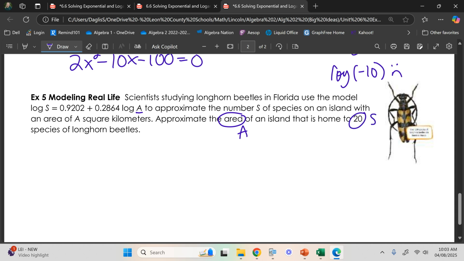So 20 is my S. So we're going to have log 20 equals 0.9202 plus 0.2864 times log A.